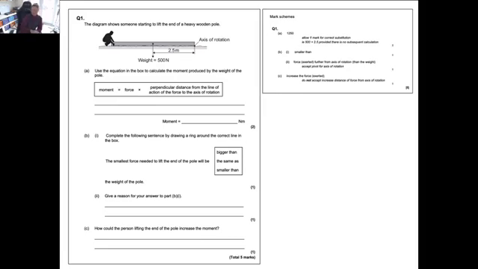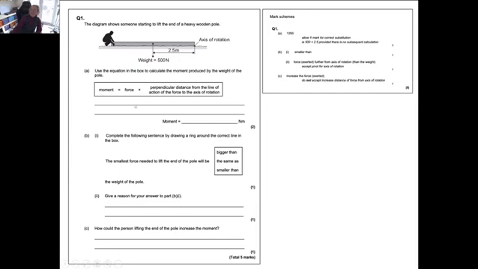Okay, so hopefully you can see this mark scheme alongside the question. For the first part, we have this heavy wooden pole, and that has a weight of 500 newtons. So obviously that will create a moment at this point of rotation, and that's going to be equal to 500 newtons multiplied by the distance of 2.5 meters.